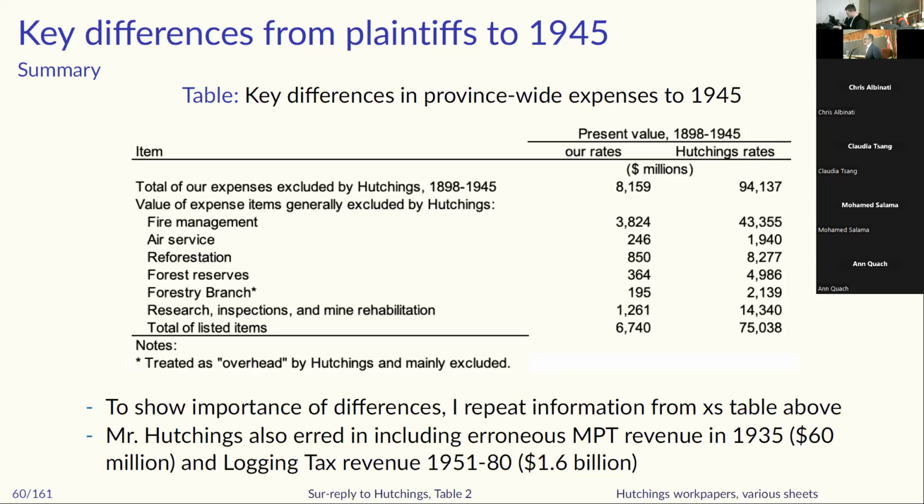He selects individual items that are in dispute, and he values those individual items rather than ever valuing the totality of the difference and trying to decompose it. And when he presents those individual items, he does it in nominal dollars, which, as I argued before, cannot be added across years or compared across years in a way that is economically meaningful.